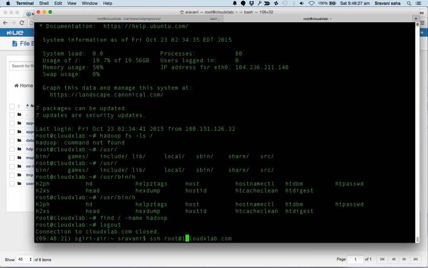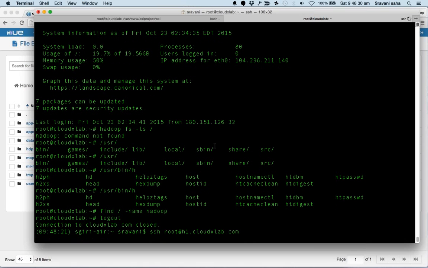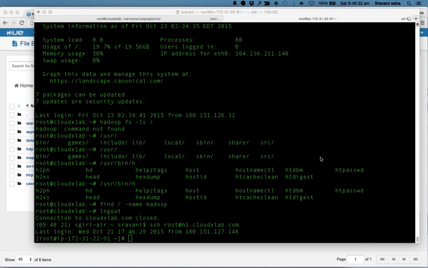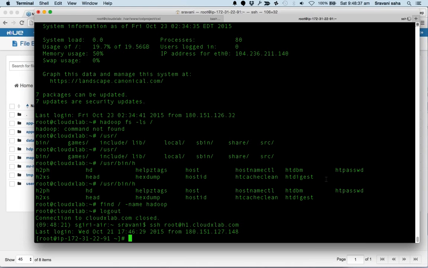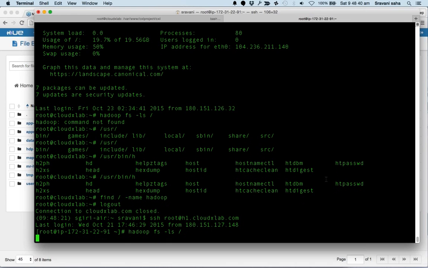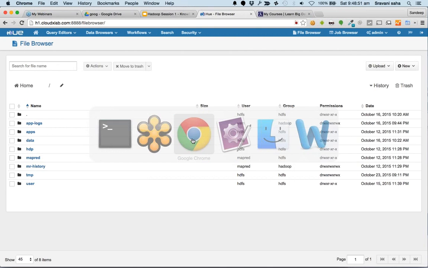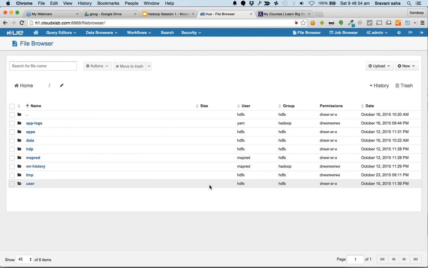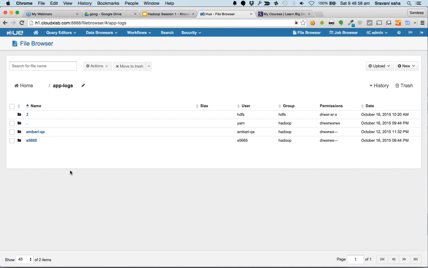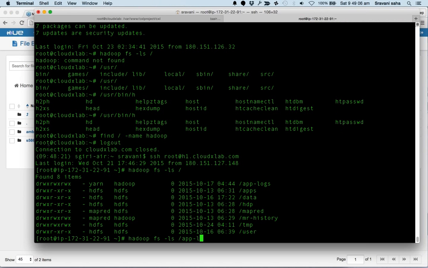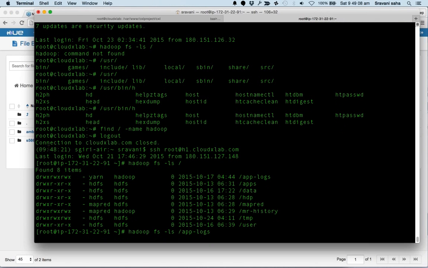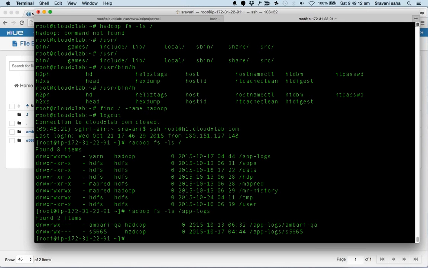I have to be on H1. Okay, now if you say Hadoop fs -ls /, you can see app logs, apps, data, HTTP, MapRed, MR history. Yeah, this is the same as this one. You could go to app logs and you have Ambari QA. You can see there are two folders like this.